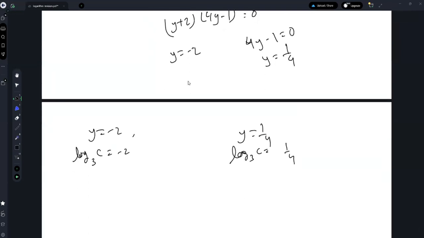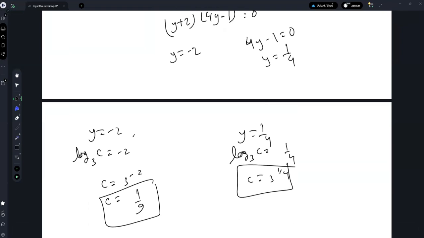So we get c equals 3 to the power minus 2, or c equals 3 to the power 1/4. Let me just check the answer. Yeah, so this is one and this is another one. So c equals 1/9 or c equals that. That's going to be the final answer.